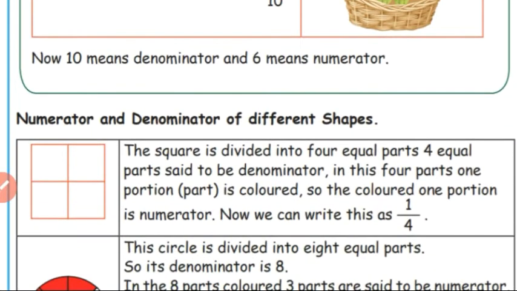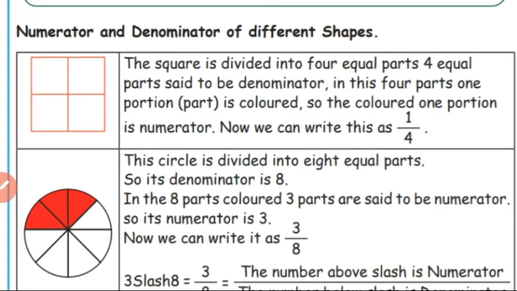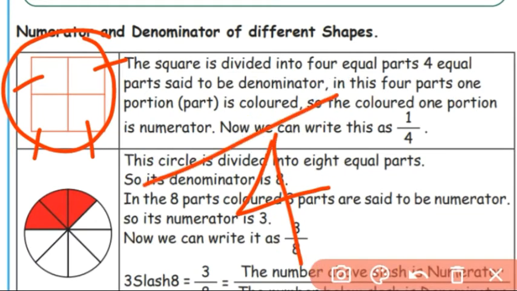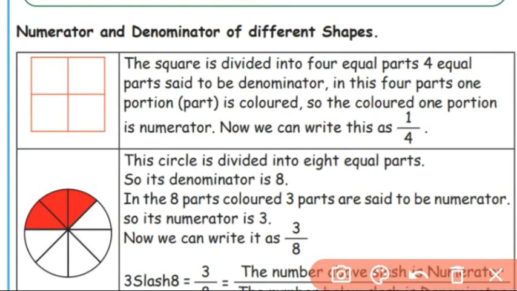Okay. Next, see the numerator and denominator of different shapes. See the square. The square is divided into 4 equal parts: 1, 2, 3, 4. The 4 equal parts is the denominator. In these 4 equal parts, one part is colored.